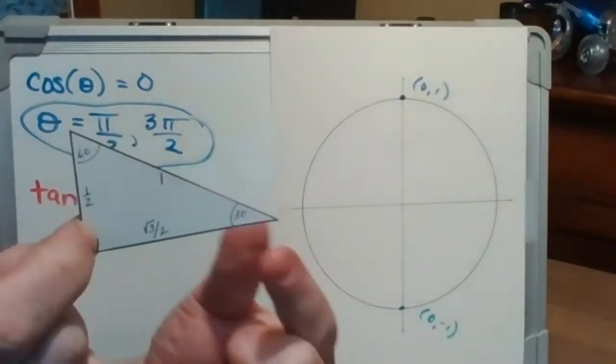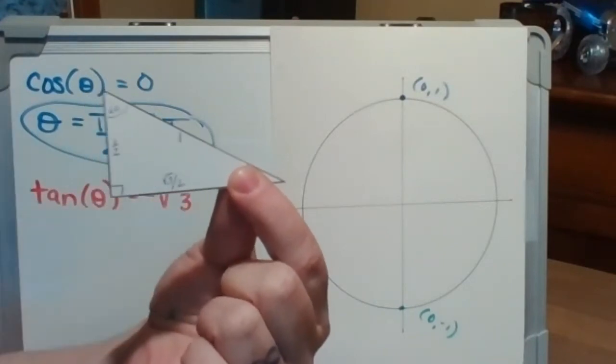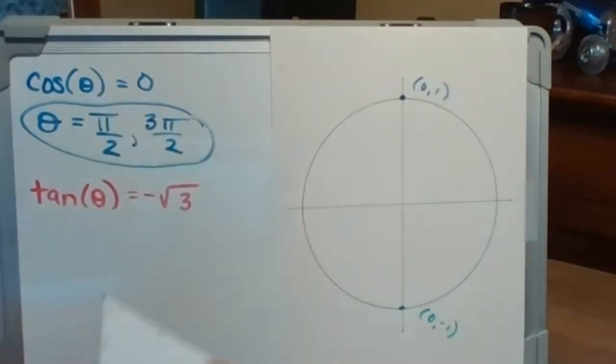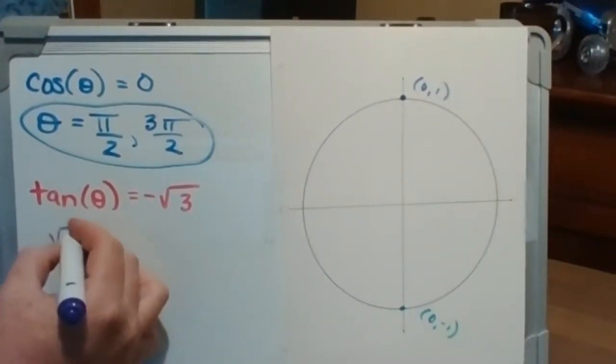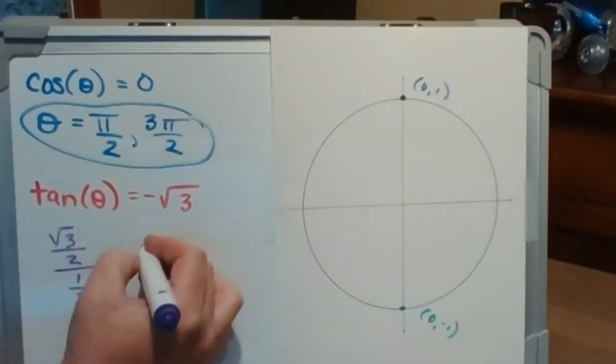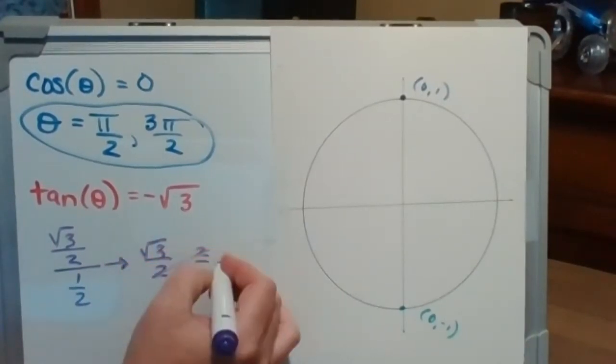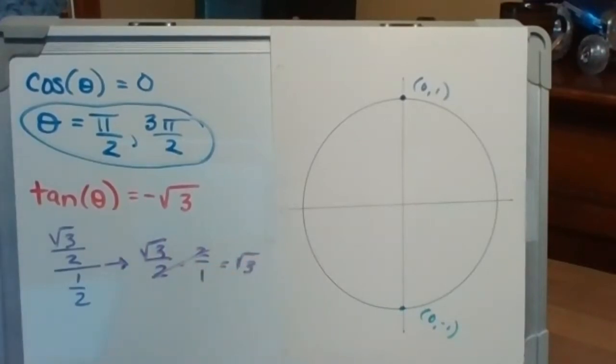Now I just have to figure out, is it 1/2 divided by square root of 3 over 2, or the other way around? Honestly, I just kind of play around with it. If square root of 3 over 2 is on top and 1/2 is on the bottom, that's square root of 3 over 2 times 2 over 1, square root of 3. Okay, so this tells me that the y has to be square root of 3 over 2 and the x has to be 1/2.